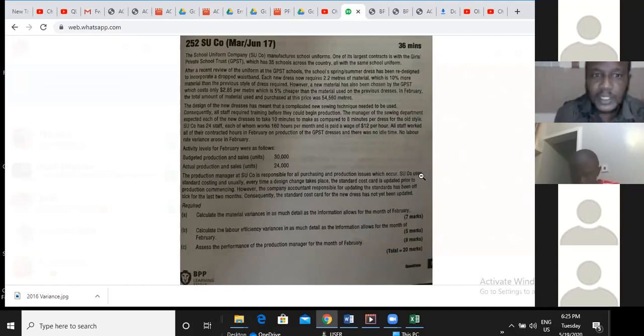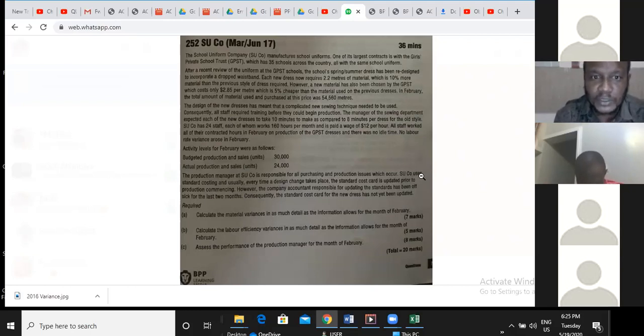That is how you would see learning curve issues coming into this kind of question. Every time you see material, you can understand the labor issues now arising because of the complexity of the design. Remember, one of our criteria for learning curve to exist is that there must be some level of complexity to the process. So a very mundane physical process might not have a learning curve, but something that has some level of complexity will.